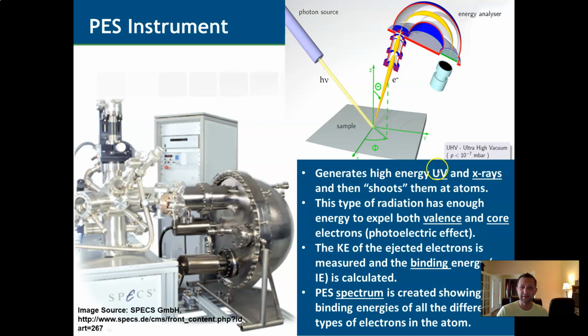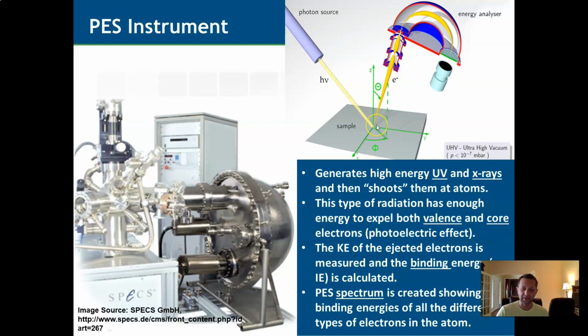And it generates UV and X-rays, and it shoots those at some sample of atoms, okay? This type of radiation has enough energy to expel not only the valence electrons, but in addition to those, your core electrons. Okay, it's called the photoelectric effect, and it was mentioned earlier in this unit, and it's in some other videos on my channel here.